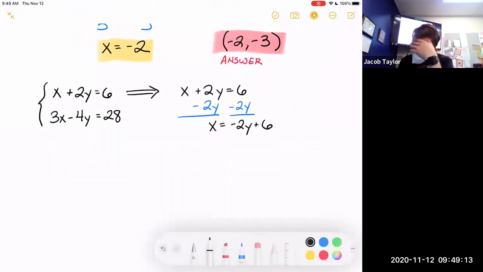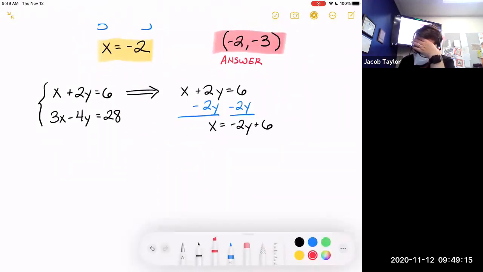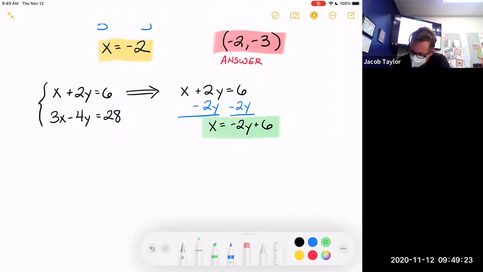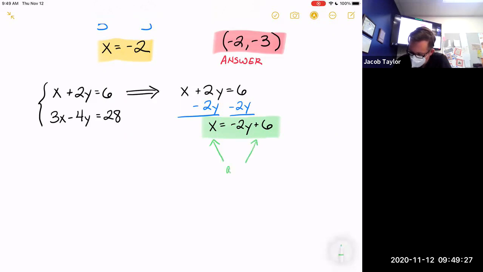So now I've got this first one solved for x, which is pretty nice. That's the substitution that I'm going to do. Remember what the equal sign means. These two things are the same or are interchangeable.